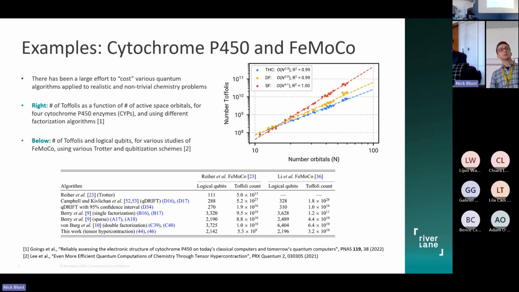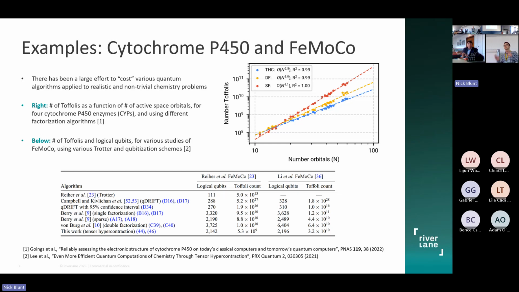And then over time, this has come down so that in this paper, they give an estimate of 5 times 10 to the 9. So this paper is a few years old now, and there have been improvements since then, but this is still roughly the kind of state of the art that you need at least 1 million physical qubits and something like 1 billion non-Clifford gates to do something kind of industrially relevant or interesting.